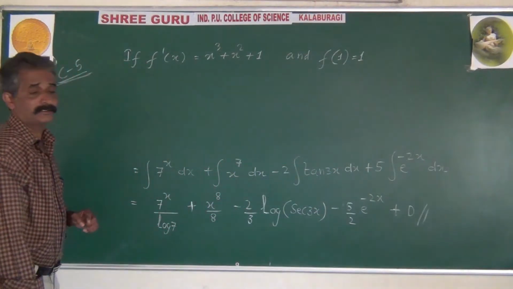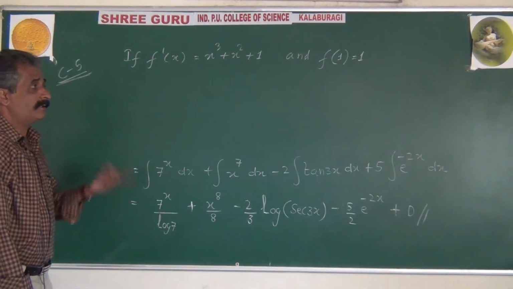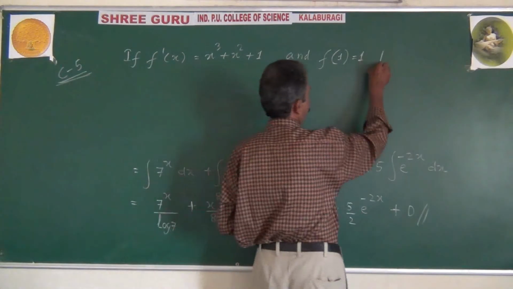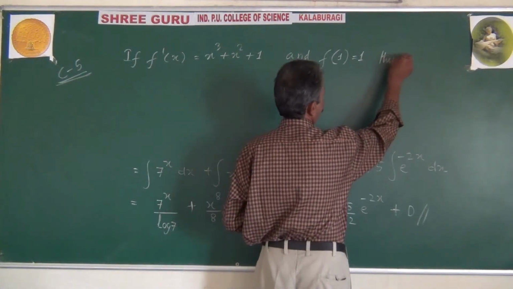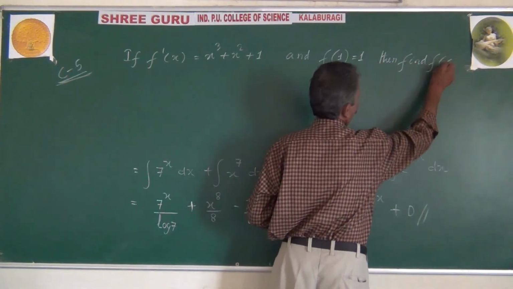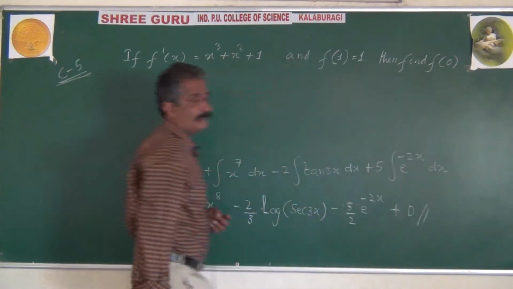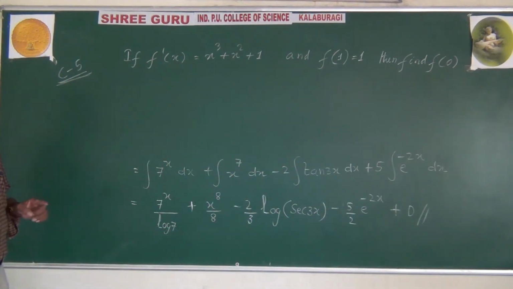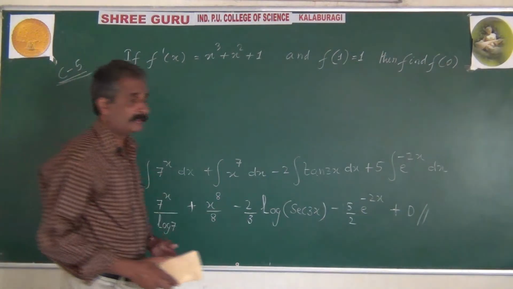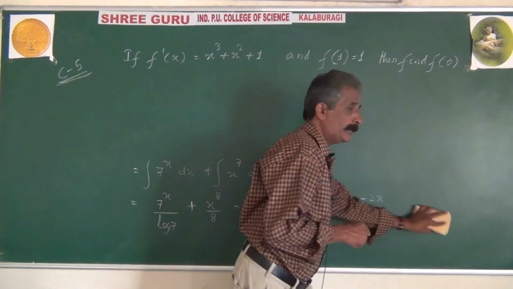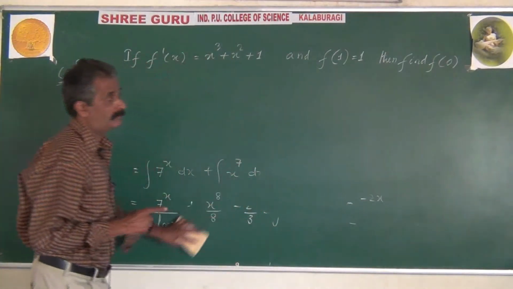F of 1 means the function value at x equal to 1 is equal to 1, then find f of 0. So given f dash x along with the condition f of 1 as 1, using these two we have to get f of 0.